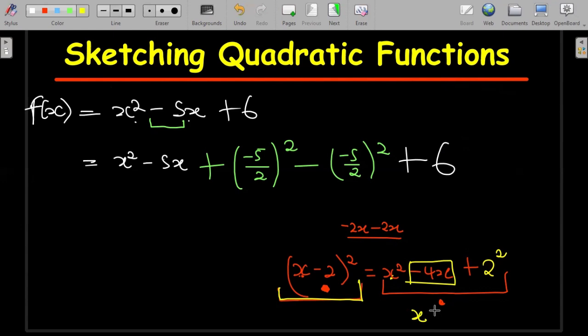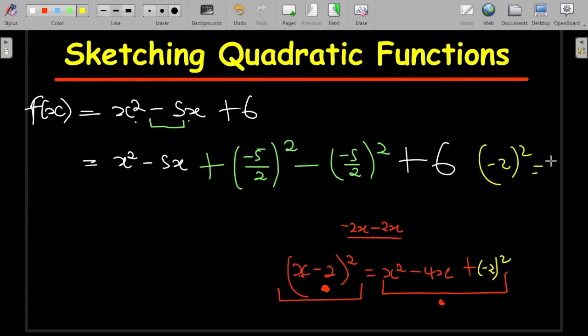The one that I've squared here is the same as minus 2 squared, and we know minus 2 squared is just going to give us 4.